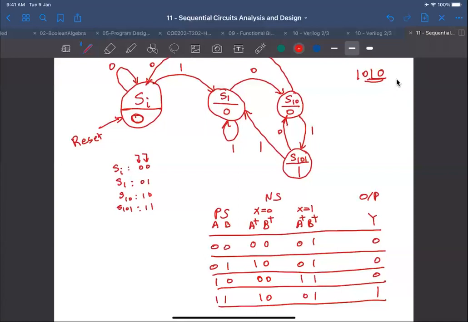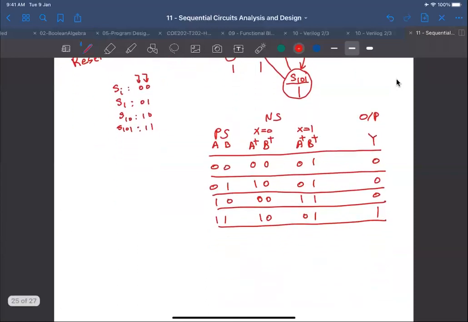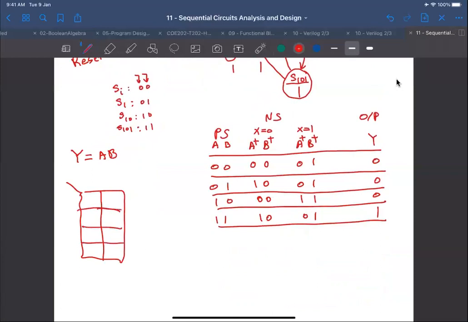So this is more interesting in terms of K-map because you have a number of ones. First of all, my Y will be AB, without even doing a K-map. What about my A plus? I'm going to draw the K-map for A plus. And when do we have a 1?